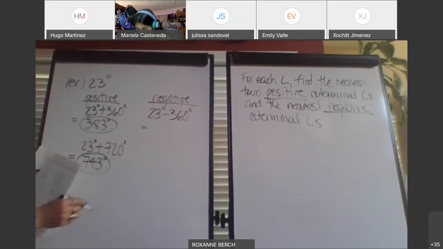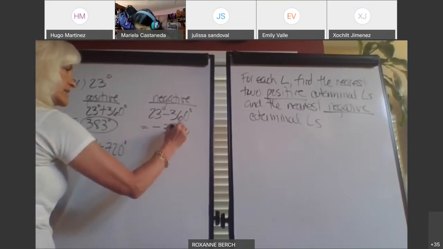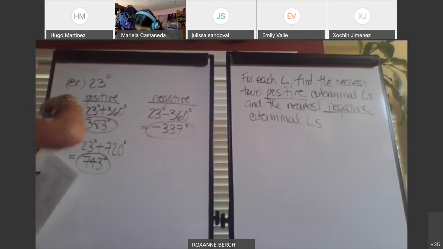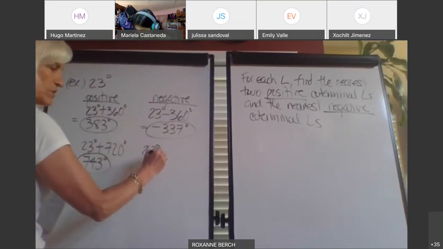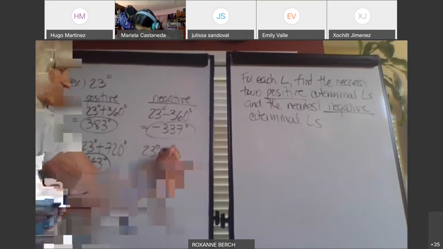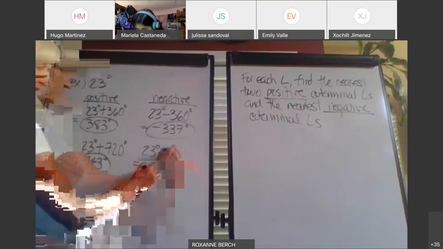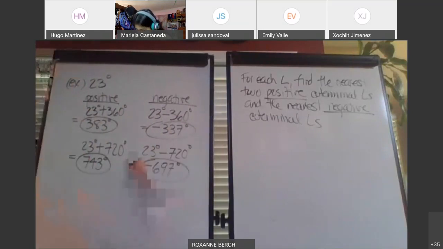That would be negative 337 degrees. And the next coterminal would be doubling 360. Pretty simple. I'll do one more and then I'll stop for today.